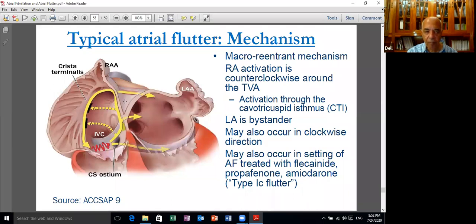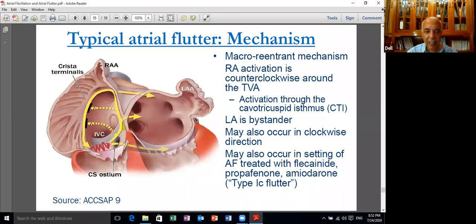You need a loop with a slow zone, and this is a loop and a slow zone. Why a slow zone? A slow zone is needed in order for the head of the activating wave, I hope you see the pointer, not to hit the tail of the previous wave.